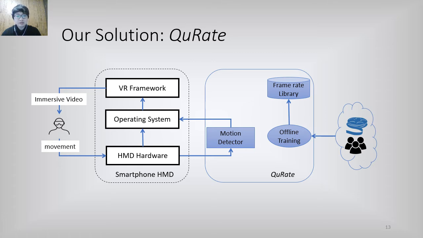Based on this velocity, QuRate will find the corresponding frame rate from the frame rate library and assign those frame rate values back to the original system, so that the HMD will generate the views for the users at the assigned frame rate in a certain time.